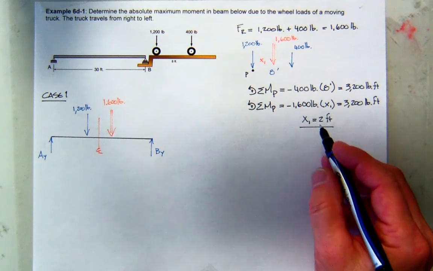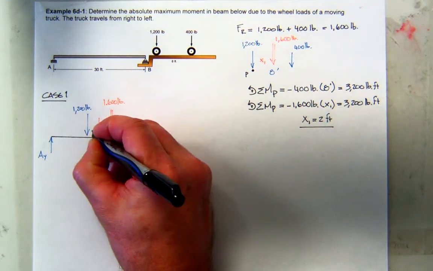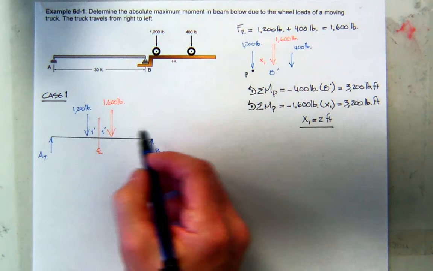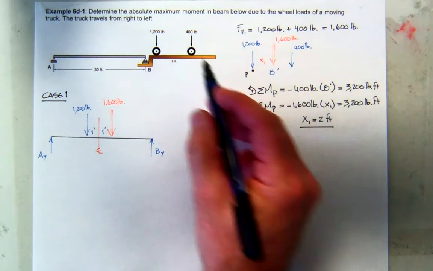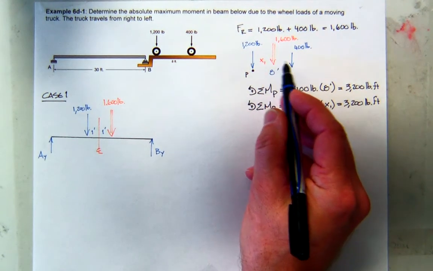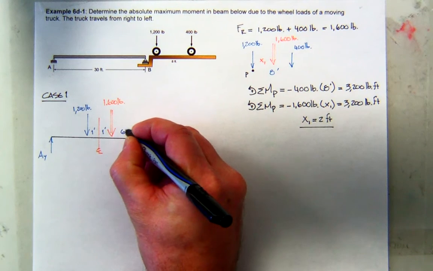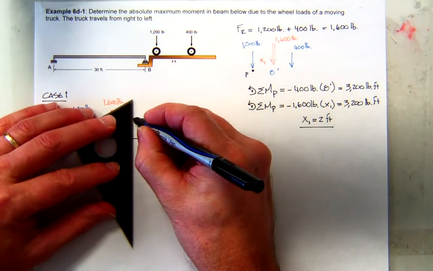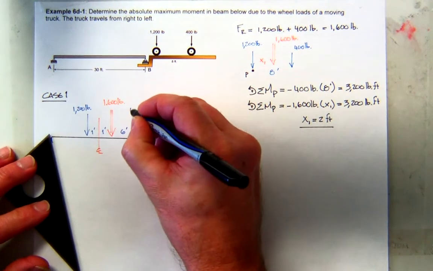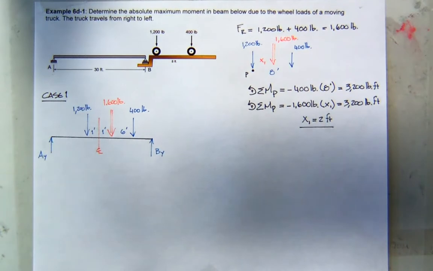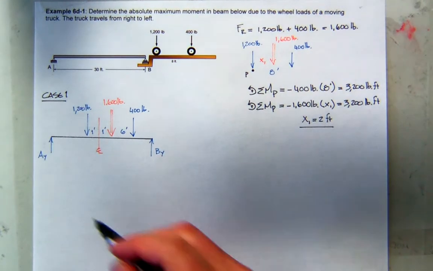You split that in half, you get 1 foot and 1 foot. Now, how many feet back do we get to the 400 pound force? Well, if this is 2 feet, what's this part here? 6 feet. So you go 6 feet back, and you should hit the 400 pounds. So that's the scenario we're going to look at.